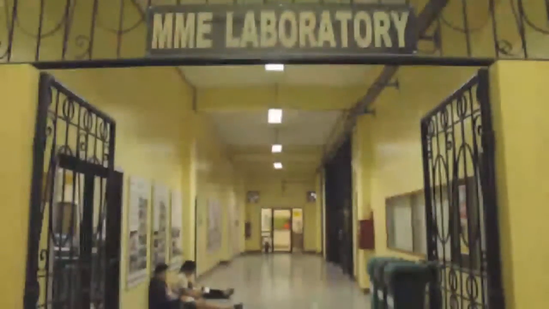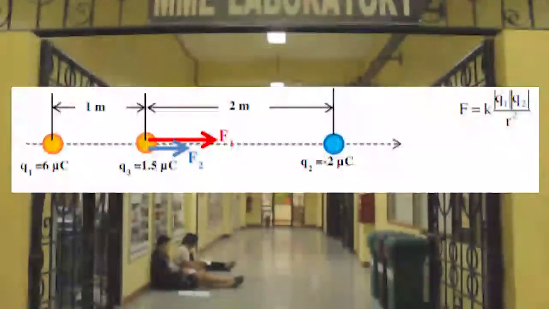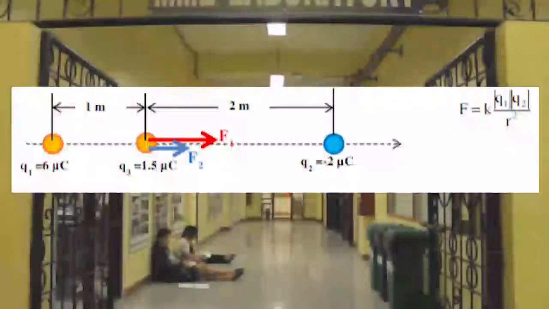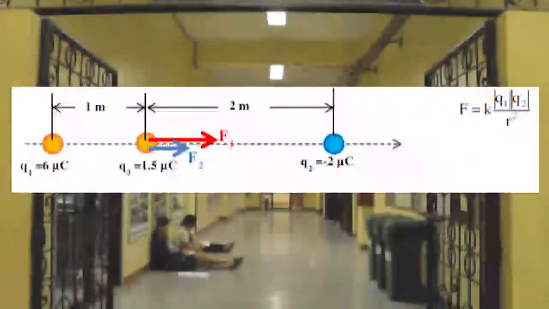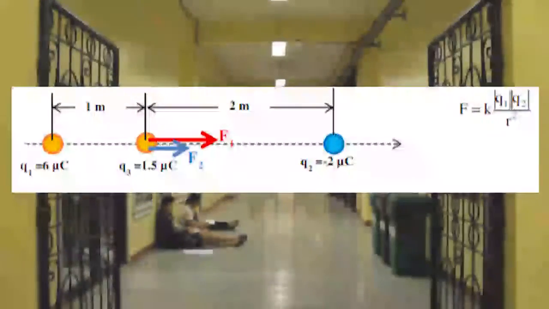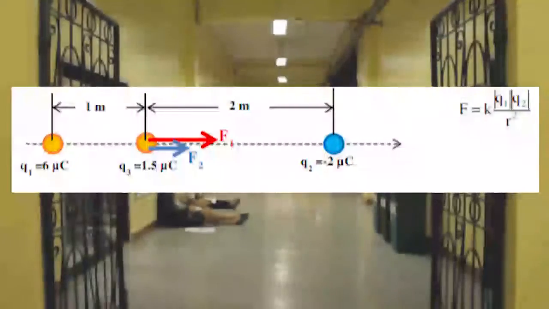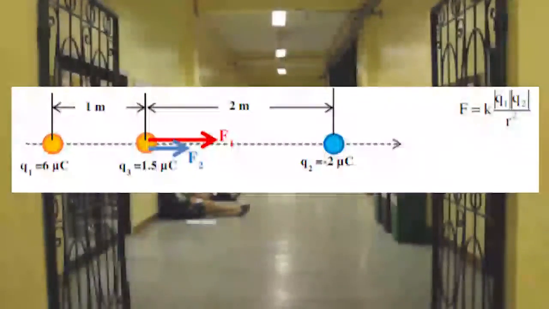First, we need to draw the free body diagram for Q3. We will draw two forces acting on this charged particle. F1 is directed to the right because Q1 and Q3 repel each other. And F2 is also directed to the right because Q3 and Q2 attract each other.